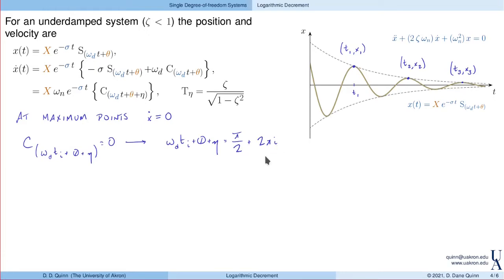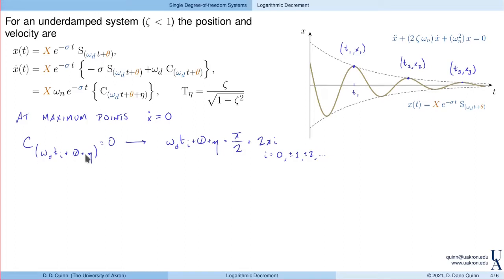So this would be i equal to 0, or in fact plus or minus 1, or plus or minus 2, and so forth. The negative sign would be like going backward in time. So again, this is the relationship for all of these various times.